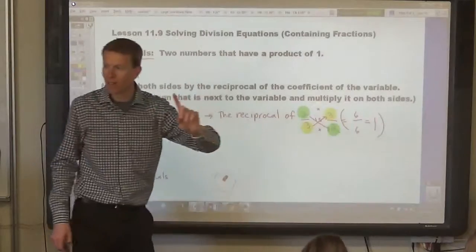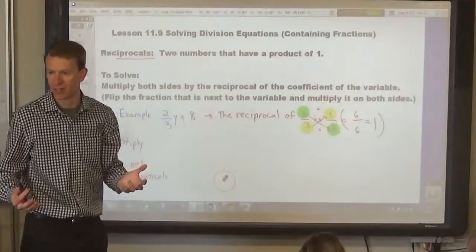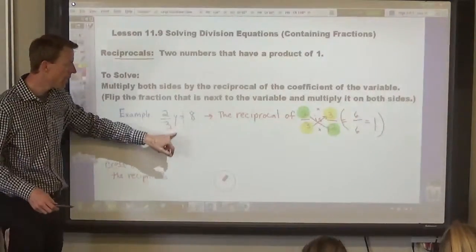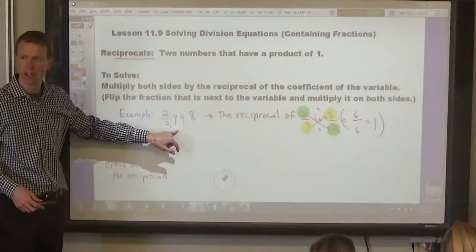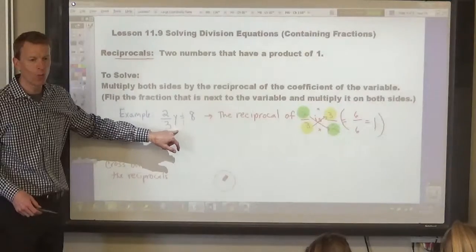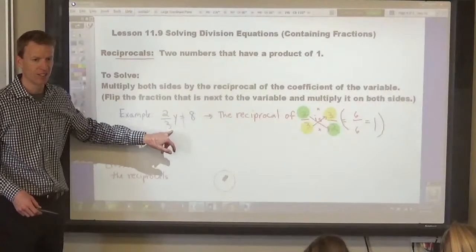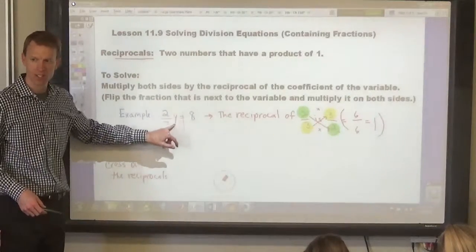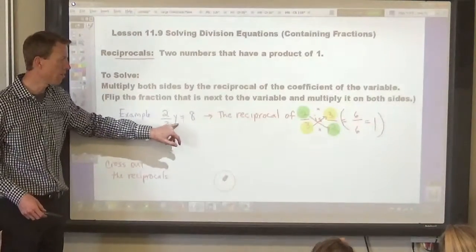Remember, when you have one variable, that's the solution. That's the identity property. And so we're trying to get 1y. 1 next to y. How do you get 1 next to y when you have a fraction? You multiply the number. This is called the coefficient of the variable.